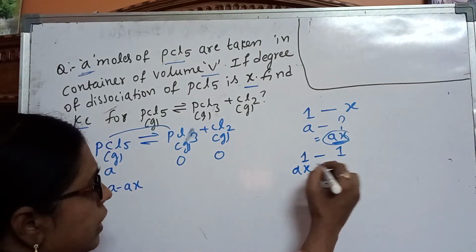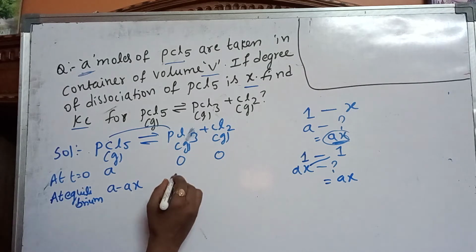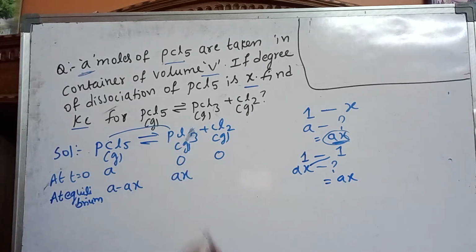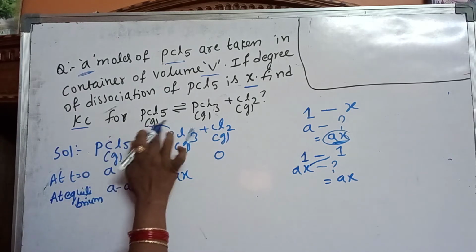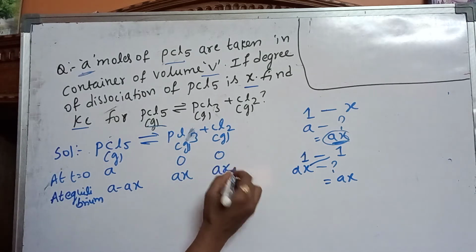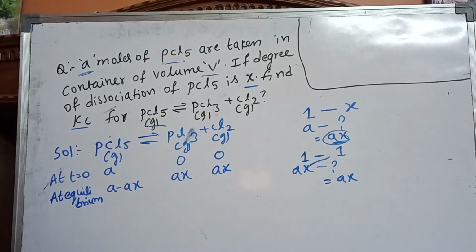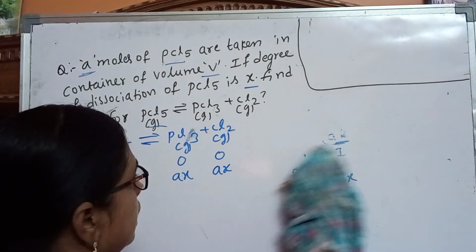By cross multiplication we get AX. Means at equilibrium, the number of moles of PCl3 is AX. And next, Cl2 also: 1 mole of PCl5 again forms 1 mole of Cl2, so the number of moles of Cl2 is also AX, isn't it?